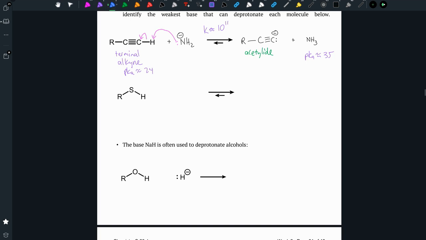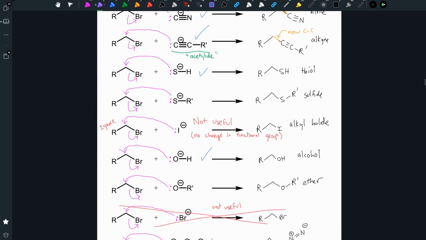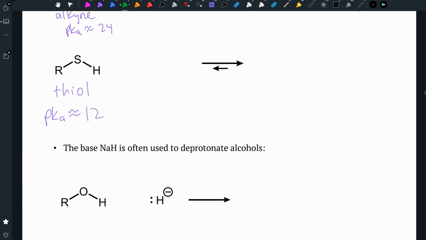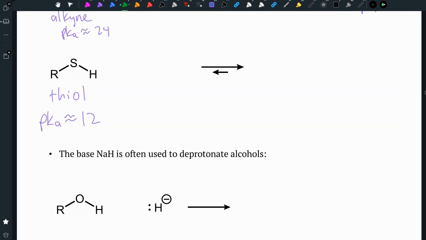For a thiol, if you look at your pKa list, the pKa of that is about 12. So if I want to turn that into what we call a thiolate, so this S minus species, this would be called a thiolate ion, what I need to do is choose a base that is a bit stronger than that. So I can just choose OH minus.